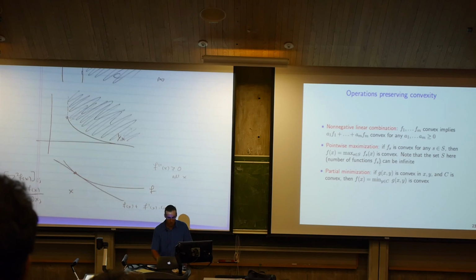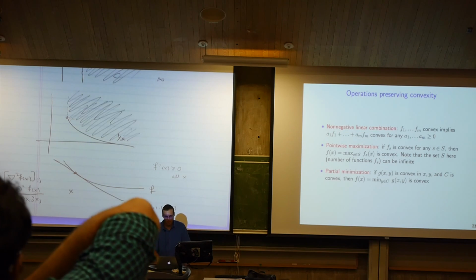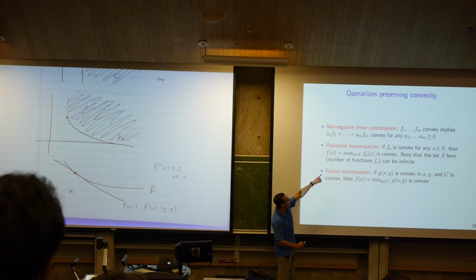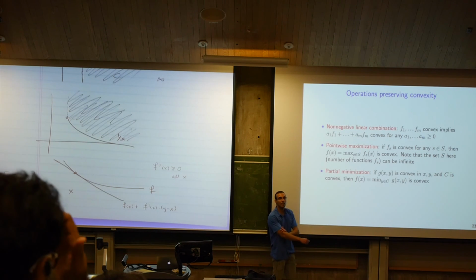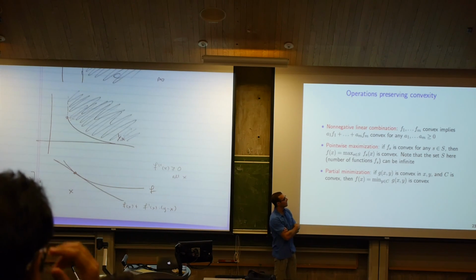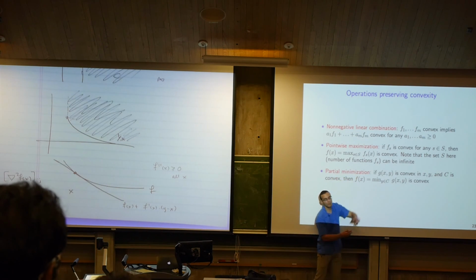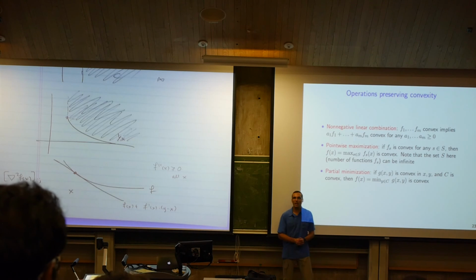Here are two very useful properties that I think are a bit surprising. I can take the pointwise maximum of convex functions and still retain convexity. Suppose I index some functions by s, and I have a bunch of functions f_s of x, and each of those is itself convex in x.